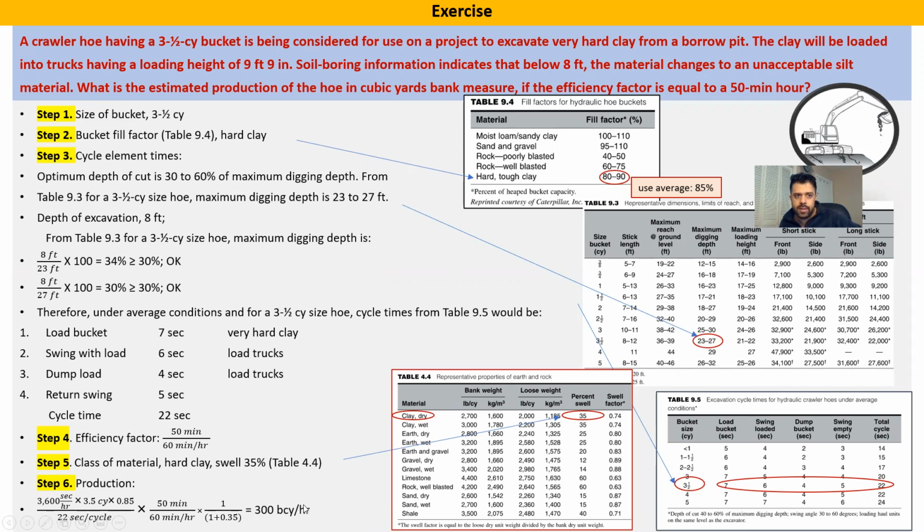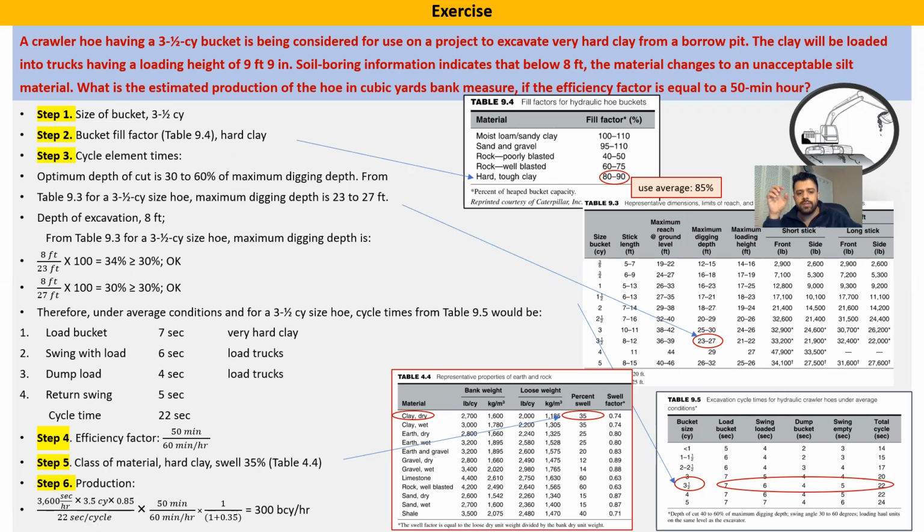What is it telling us? It is telling us that this hoe can process 300 bank cubic yard of earth in every hour. And in order to get that, we had to know the size of the bucket, the fill factor of the bucket, the cycle time of the machine, and how many minutes per hour we're working efficiently.